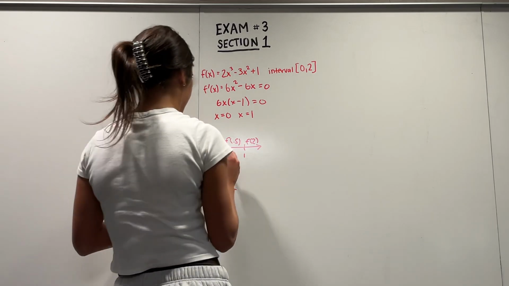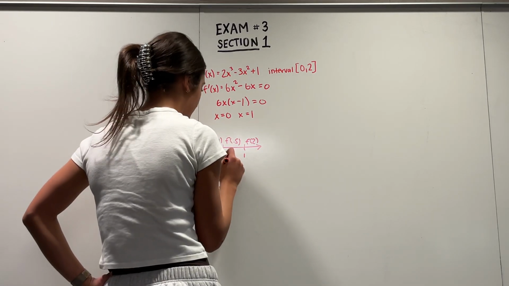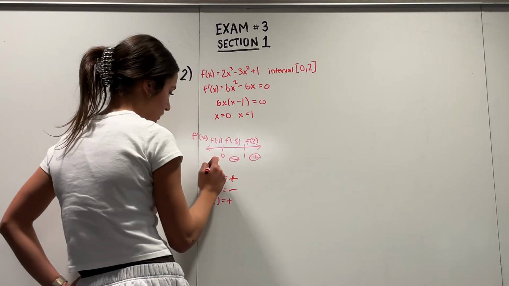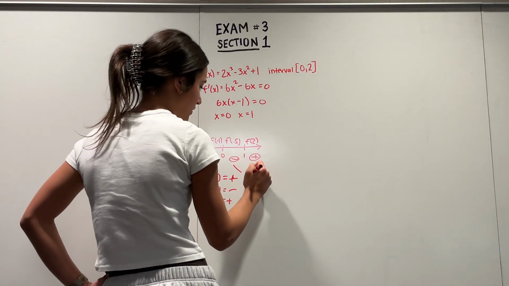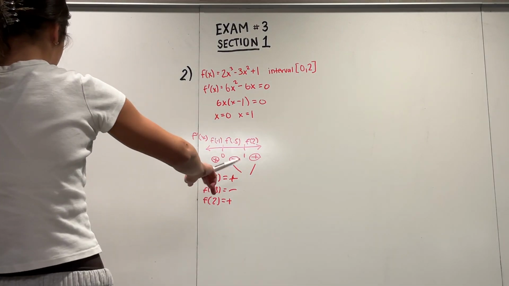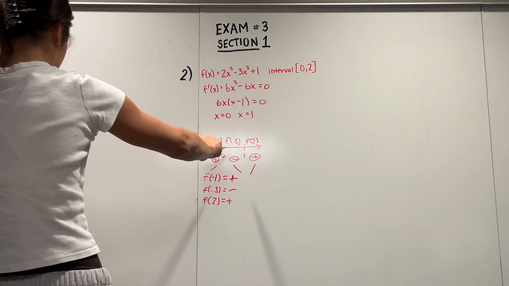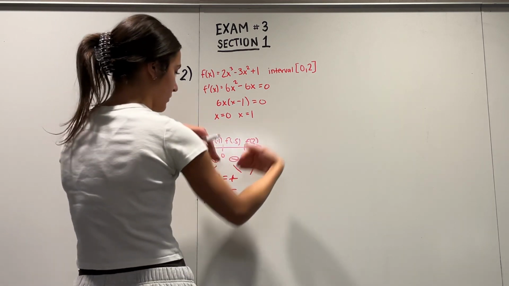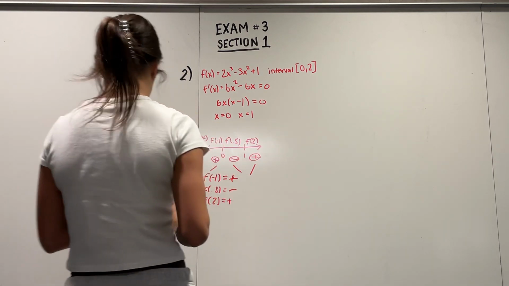So we're going to have a positive, a negative, and then a positive. So the graph is going to go this way, and then this way again. So we already know that at x equals 1, it's going to be a minimum because it's coming to a minimum, and then at 0, it should be a maximum.